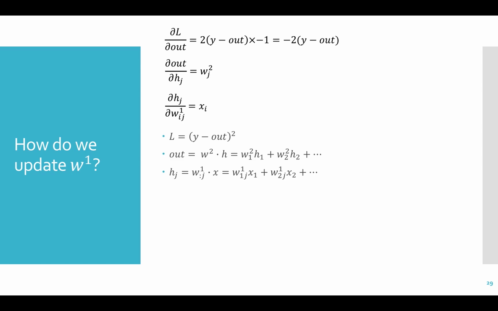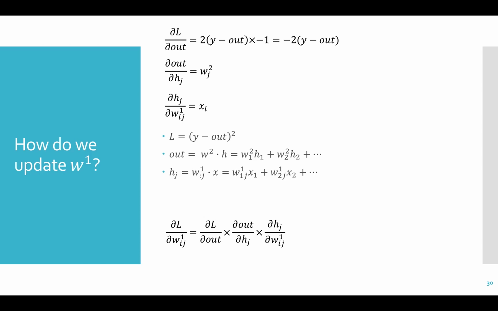Finally, we take the partial derivative of h sub j with respect to w1 sub ij, and this gives us x sub i, or the ith feature of the input sample. We multiply all of these together and we get the partial derivative of the loss with respect to the weight w1 sub ij. Now we have all the partial derivatives we need to do the update.